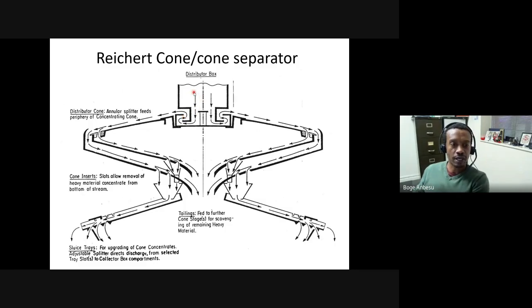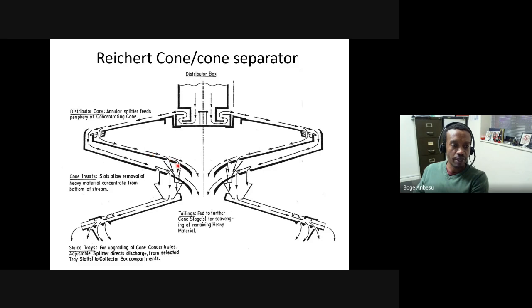So obviously, as you see in that picture there, you have feed coming from here, and particles are allowed to go over an inclined surface. And again, those that are denser will settle to the bottom of the inclined surface. Particles that are lighter will be retained towards the top.